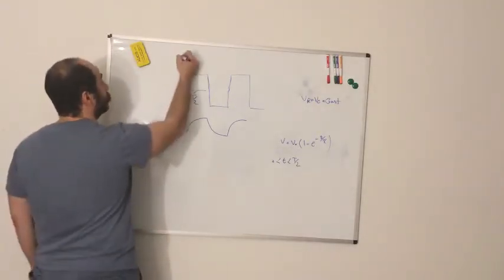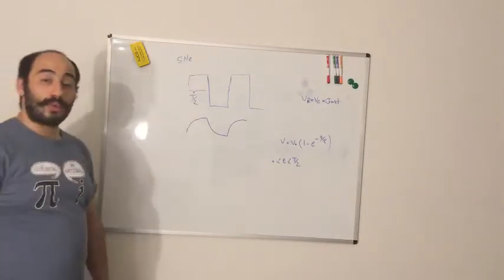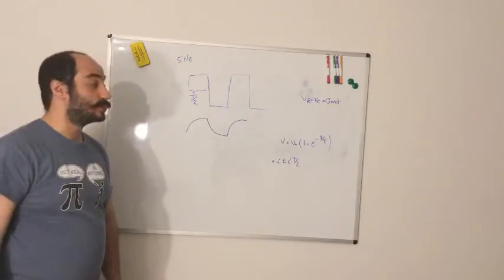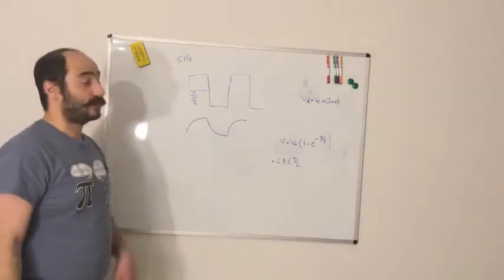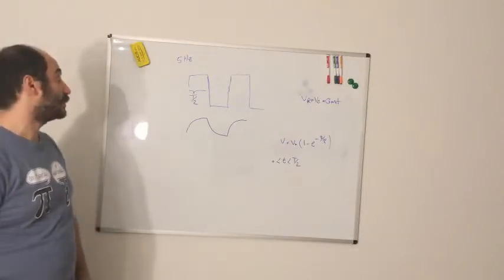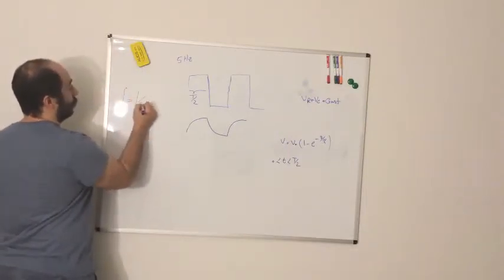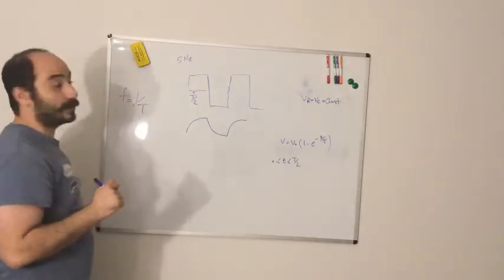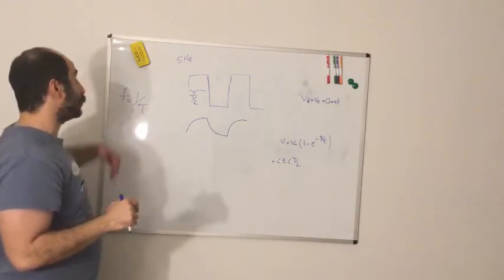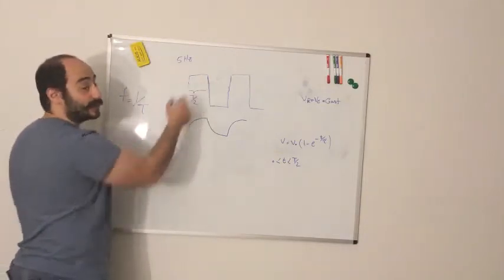Imagine this is like 5 hertz. What happens when you increase the frequency? What happens when you make it 10 hertz? Frequency equals 1 over period, which means that when you are increasing the frequency, you are actually squeezing this wave, right?